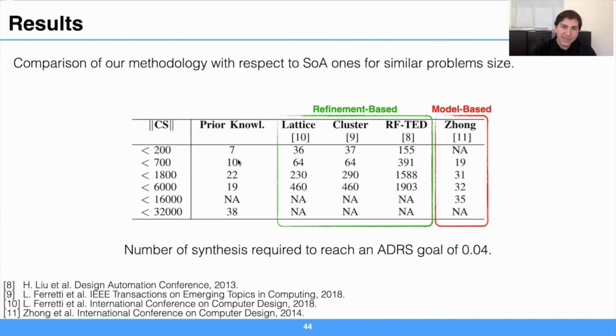We can see that our methodology performs better both than refinement-based approaches and also than the model-based one. This is a really good result since we obtain better results without having the drawback of model-based methodologies. In fact, our approach is agnostic both to the high-level synthesis tool considered and to the number of directives.